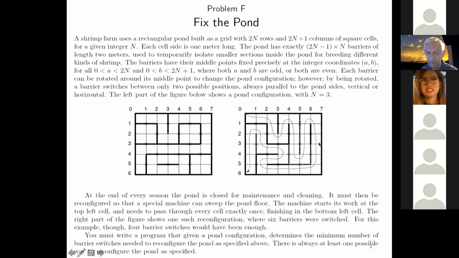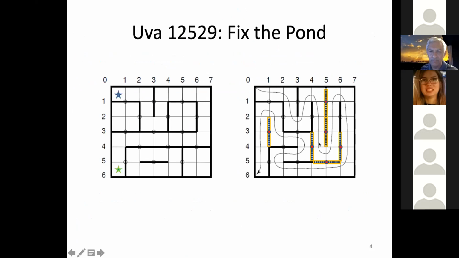So back to our slides. We're going to start with something very simple. So let me set up the stage here. We know that this is our starting point, where you have the blue star, and the green star is our endpoint. And what this tells us, because of the way the problem is set up, there's always going to be a path from the blue star to the green star.